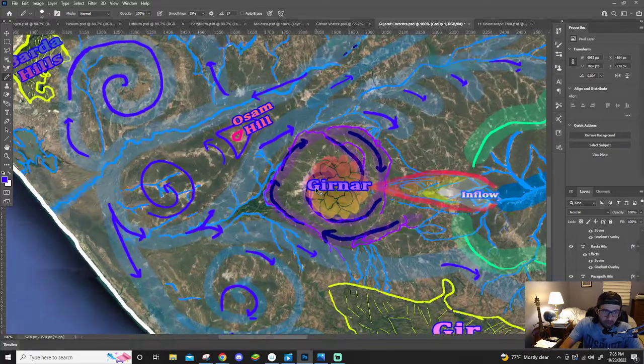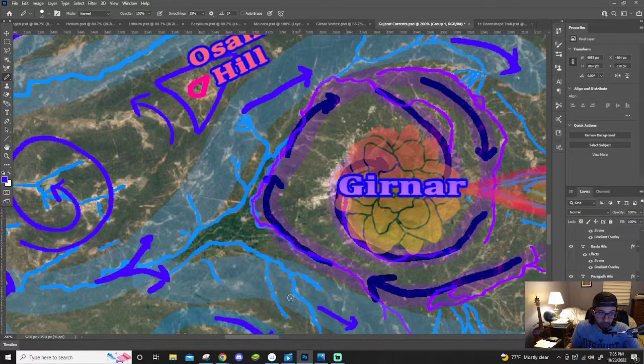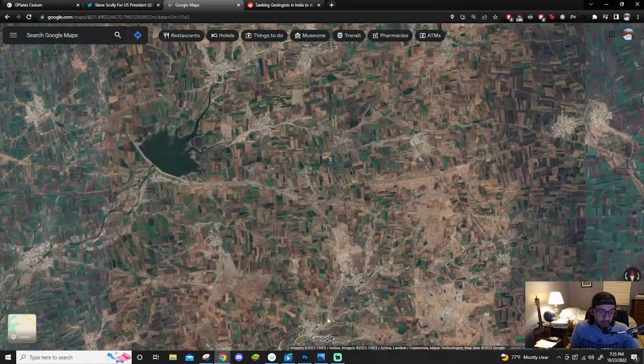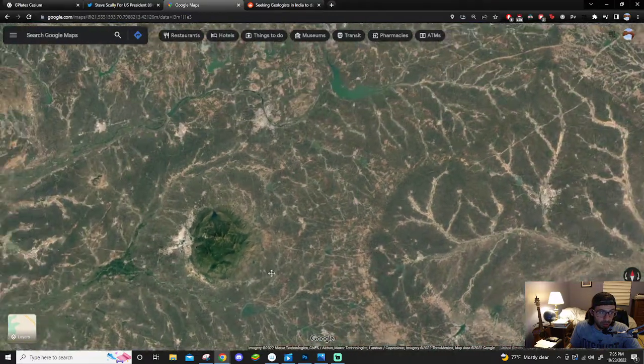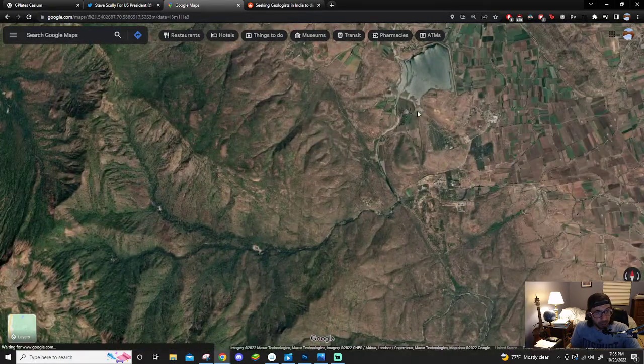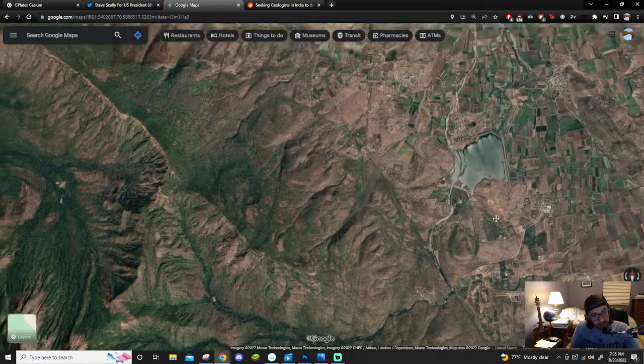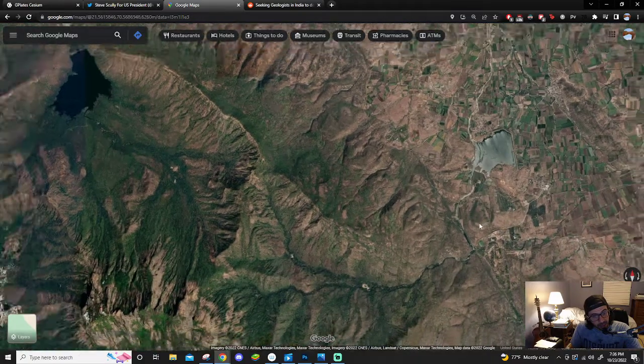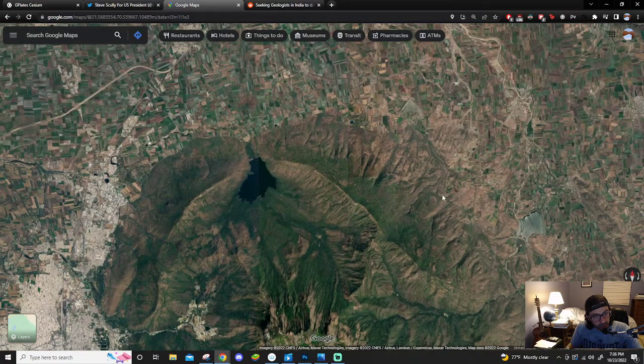So Girnar totally is like a lotus flower. Not only is it a hexagon, but it's got these little things on the side, just going around it.